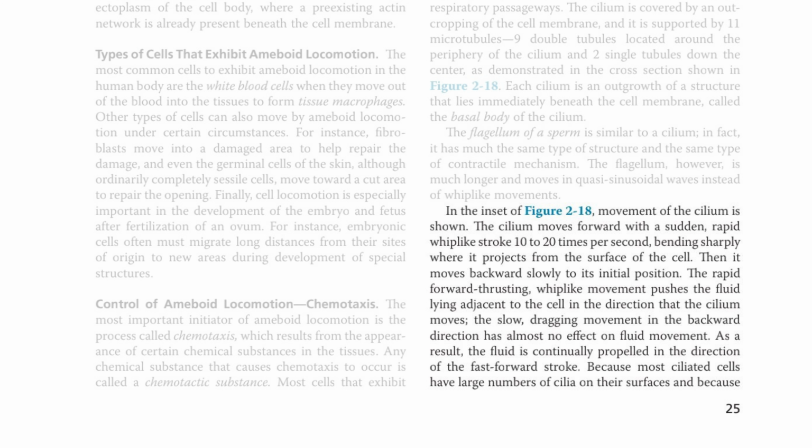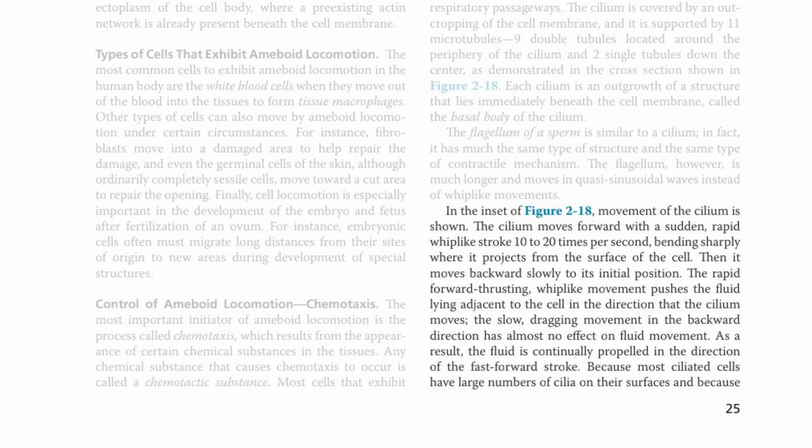In the inset of figure 2-18, movement of the cilium is shown. The cilium moves forward with a sudden, rapid whip-like stroke 10 to 20 times per second, bending sharply where it projects from the surface of the cell. Then it moves backward slowly to its initial position. The rapid forward thrusting, whip-like movement pushes the fluid lying adjacent to the cell in the direction that the cilium moves.